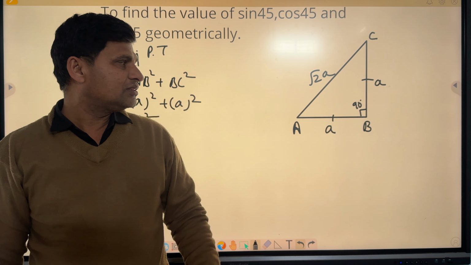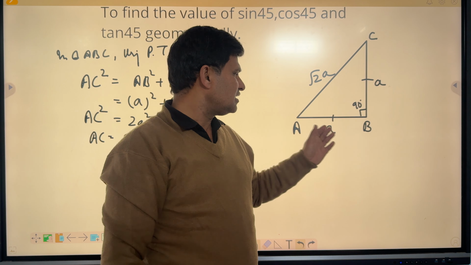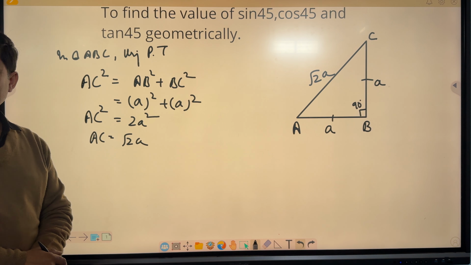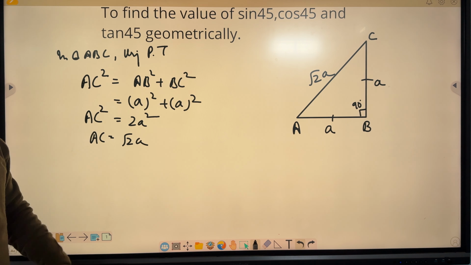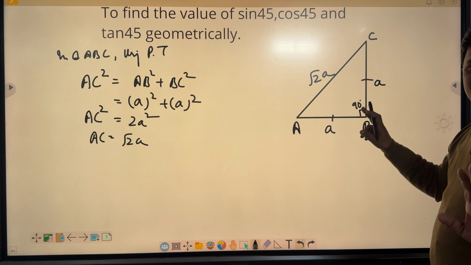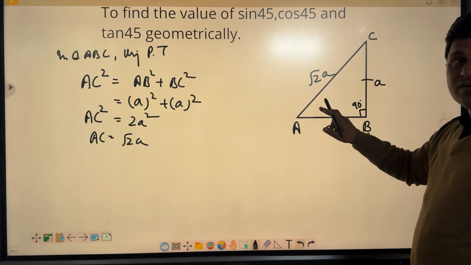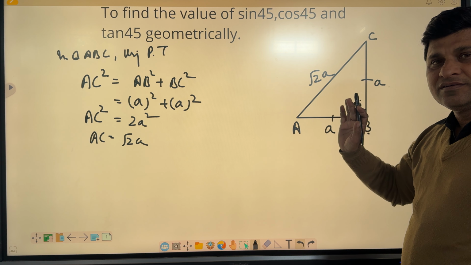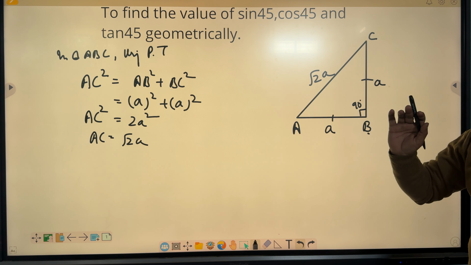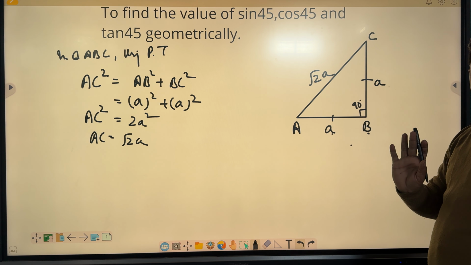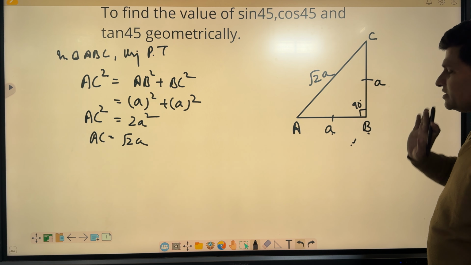Now we have all the three values of sides AB, BC and AC. Now which value we have to find? Sin 45. Now listen, this angle is 90 degrees. Can you tell me the degrees of angle A and C? Anyone? Yes, very good. See, this is an isosceles triangle, AB equals BC.